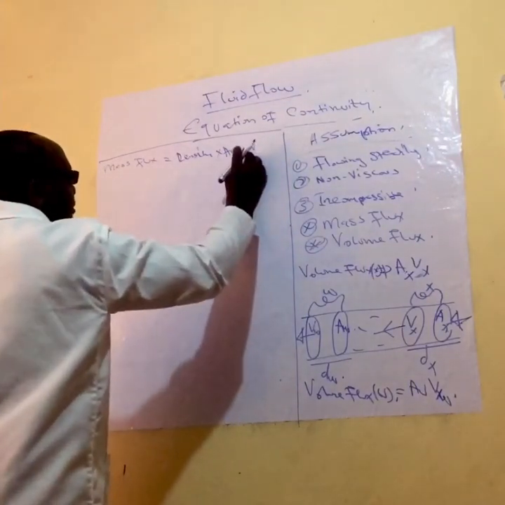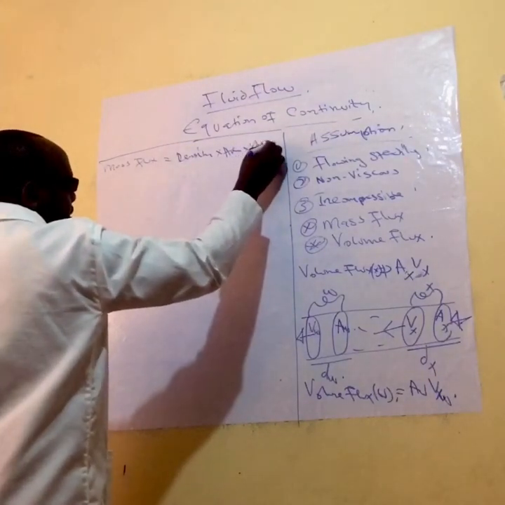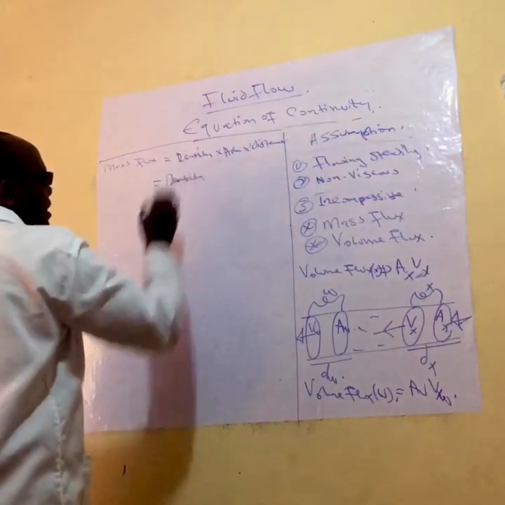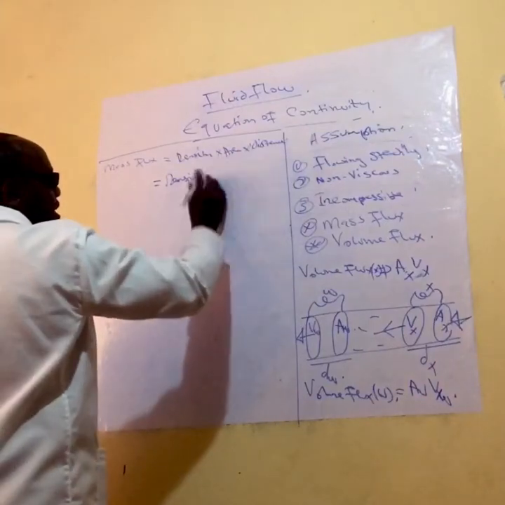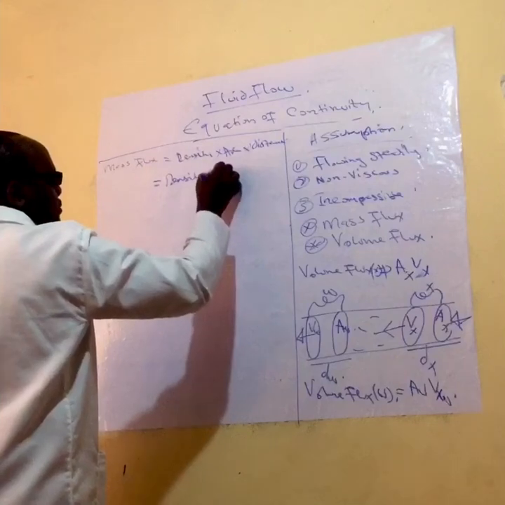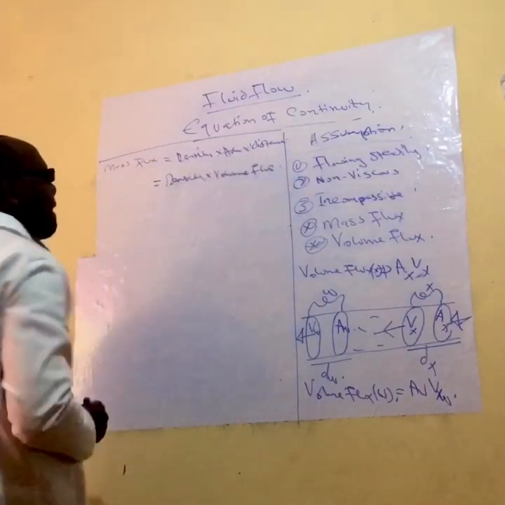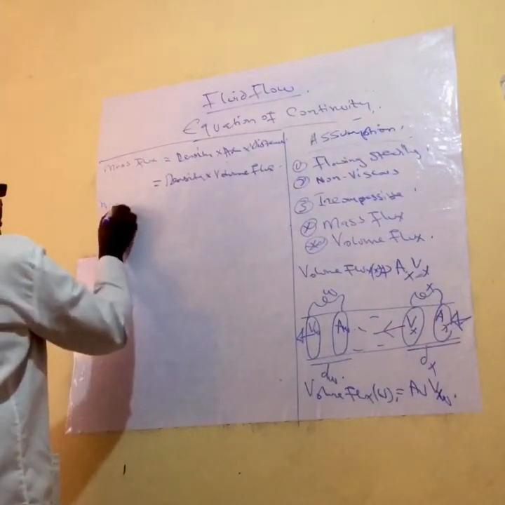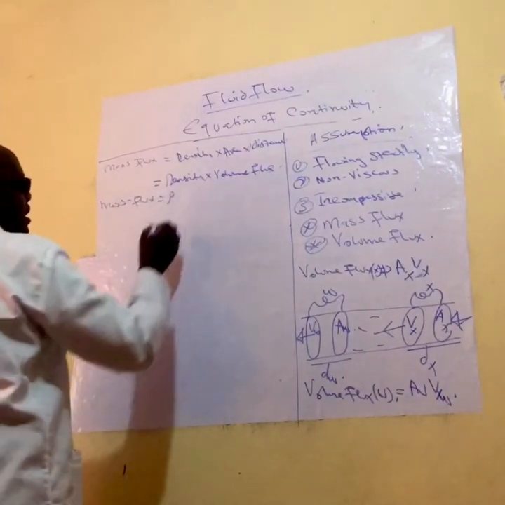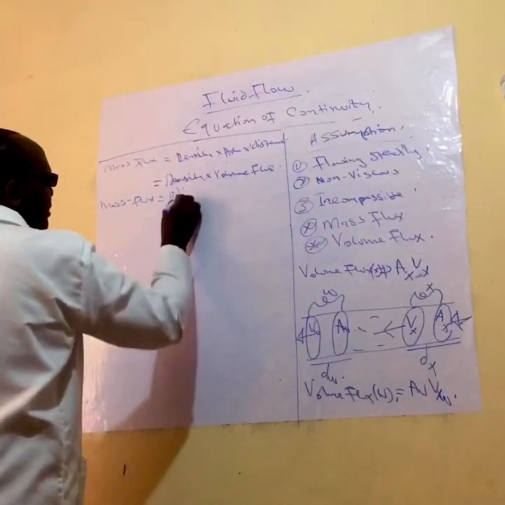So we were saying the density this time is that, from here we say multiplied by the volume flux. So the mass flux is going to be equal to that multiplied by the volume flux.